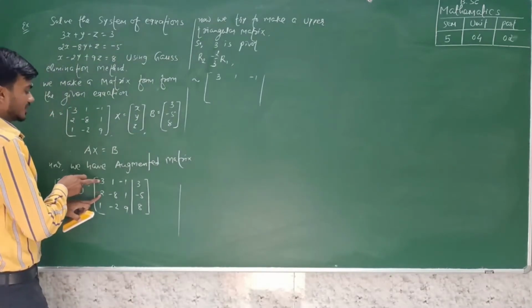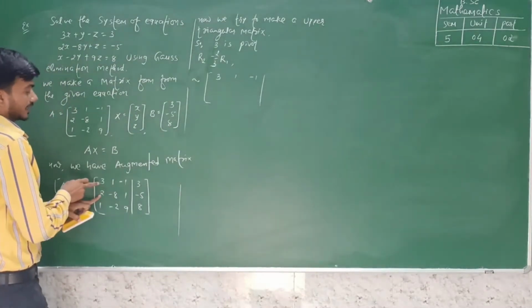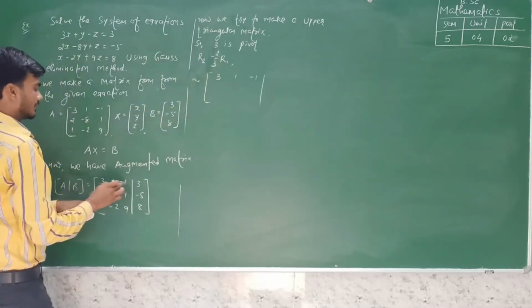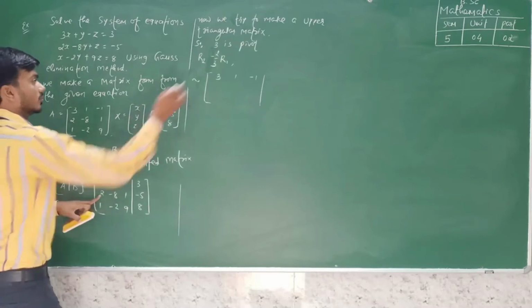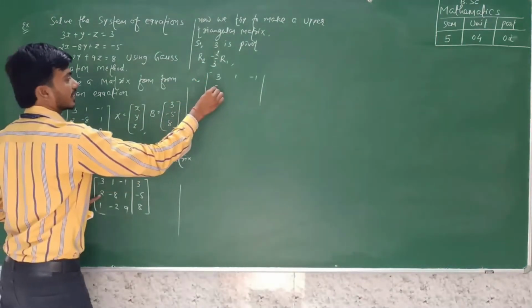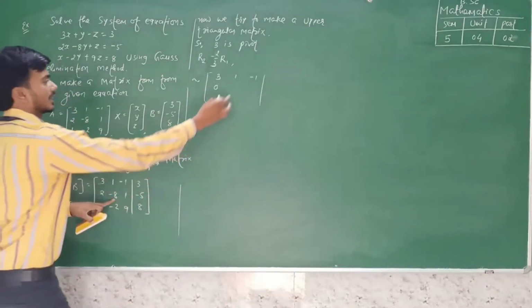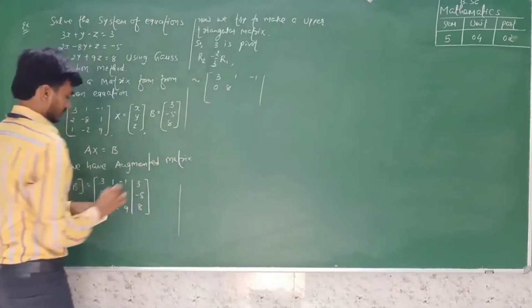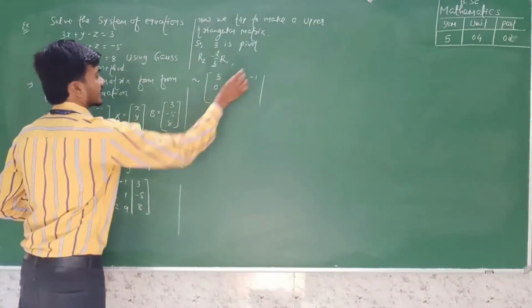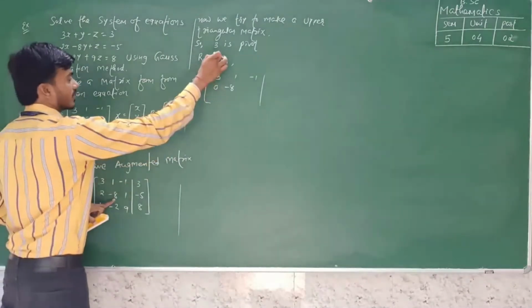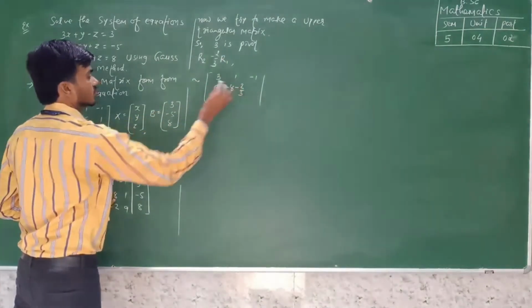So what are the changes? Minus 2 by 3 is multiplied with every element of the first row. 3 into minus 2 by 3 is minus 2, added into the second row: 2 minus 2, 0. Here minus 8, and 1 into minus 2 by 3, adding minus 2 by 3. 1 into minus 2 by 3, here adding minus 2 by 3.